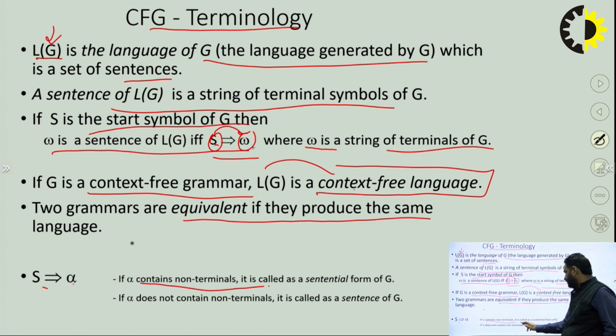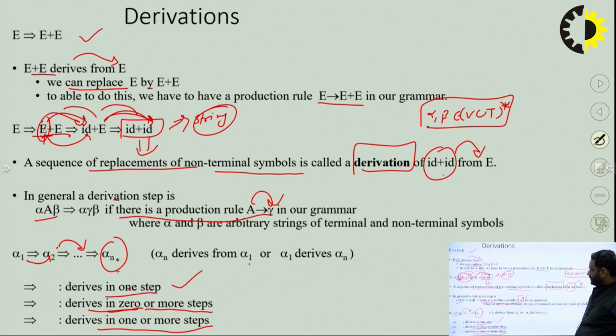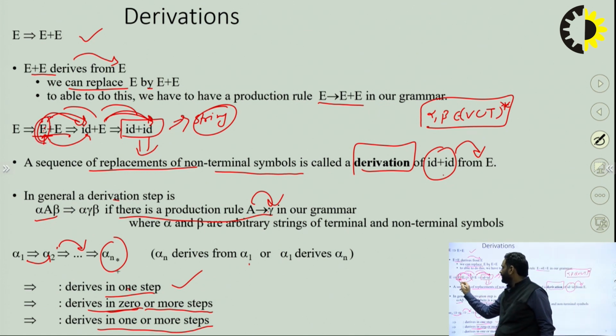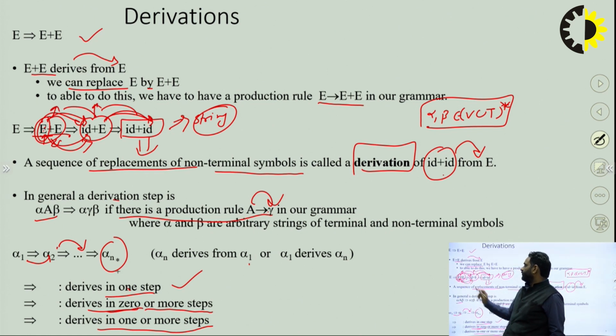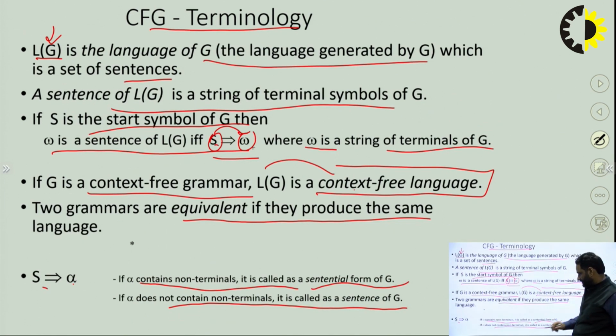If alpha contains a non-terminal, it is called a sentential form of G. If alpha does not contain a non-terminal, it is called a sentence of G. In each replacement, we find intermediate forms in which we have combinations of terminals and non-terminals.